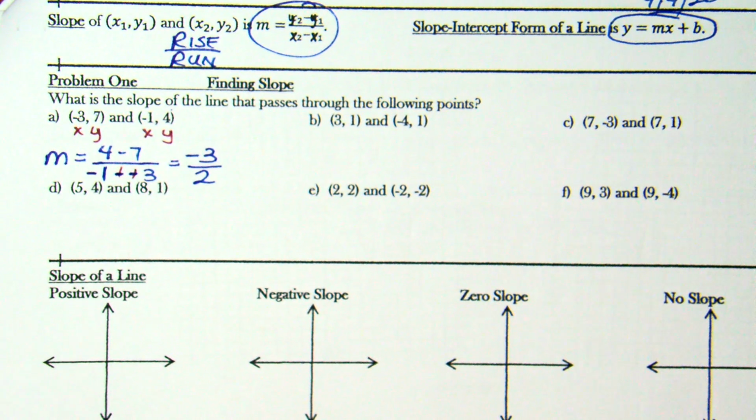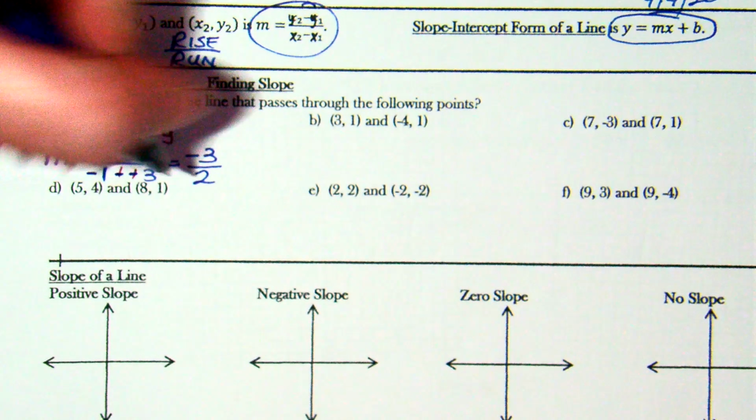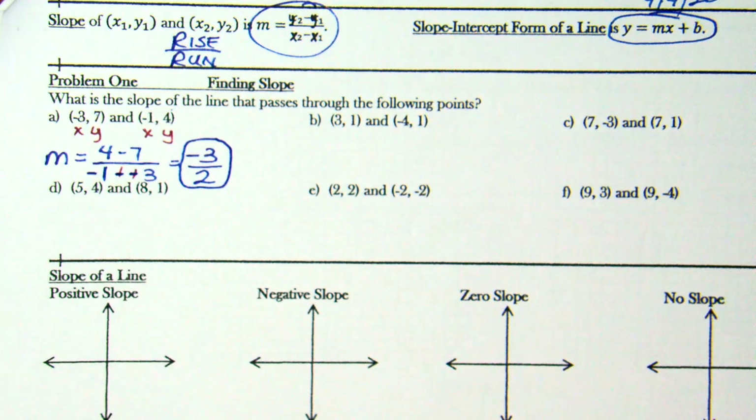Same thing, 1.5. Not a big fan of 1.5 because I can't do rise over run. So I am looking for a fraction. Improper fraction is good. That's fine. Okay. Let's try B. 3, 1 and -4, 1.